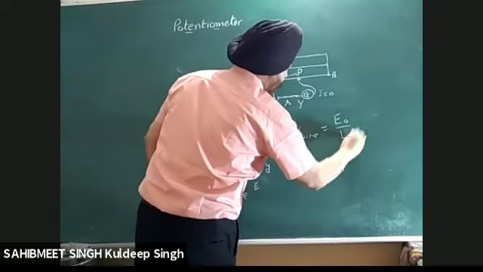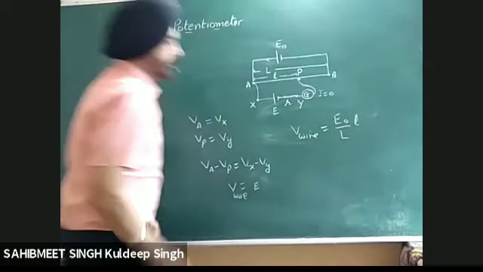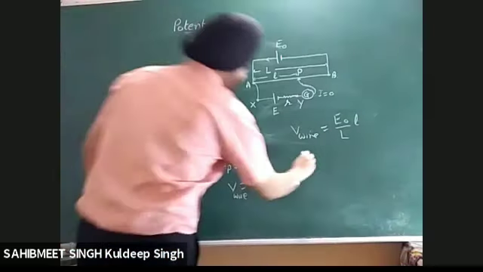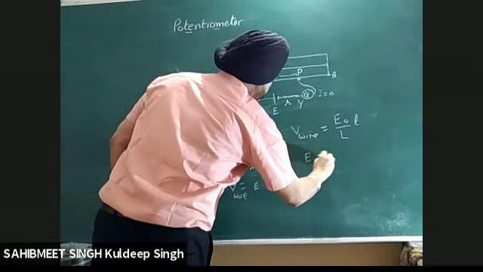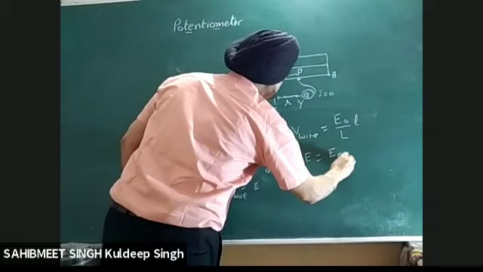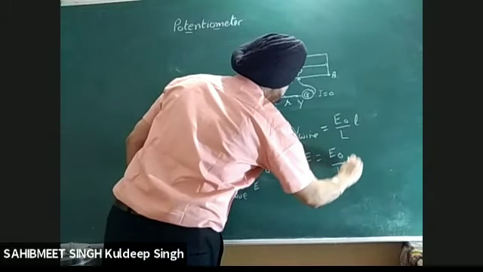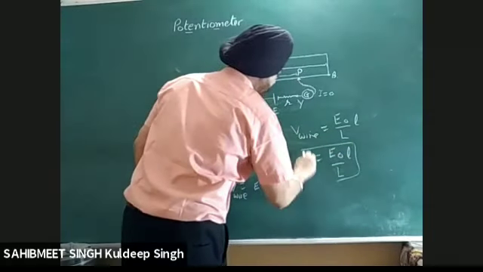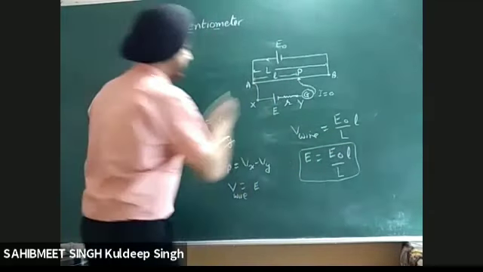Therefore, it is equal to E naught by capital L into small l. Therefore, the EMF of the cell is equal to E naught by L into small l. So by using this method, we can find the EMF of the cell.